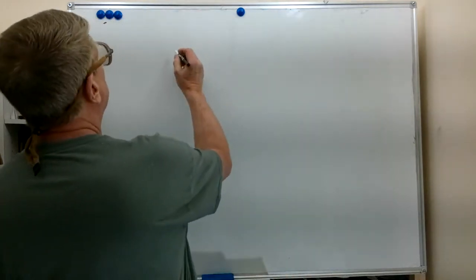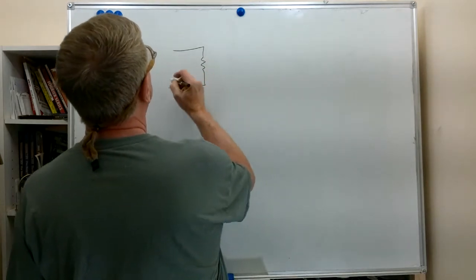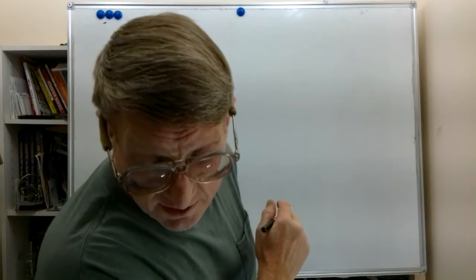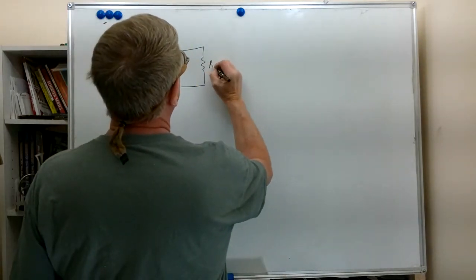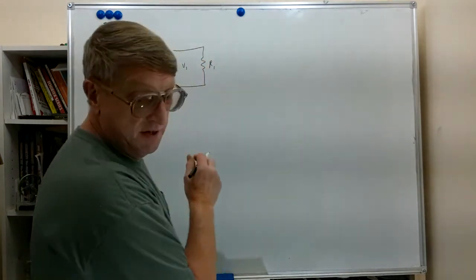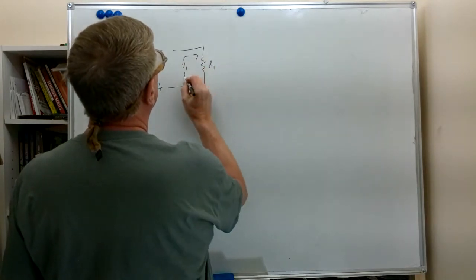I'm going to draw two simple circuits here, very similar. We're going to call this R1, and we'll call this V1, which appears across this resistor.